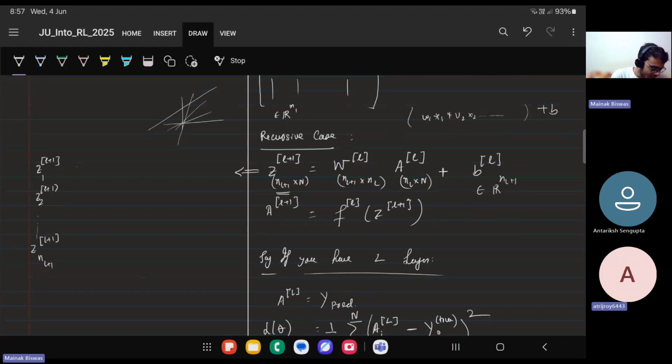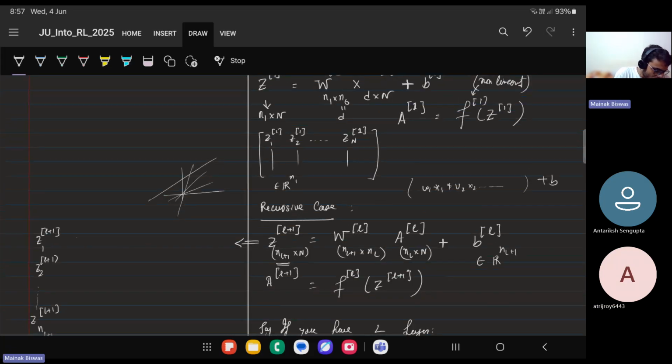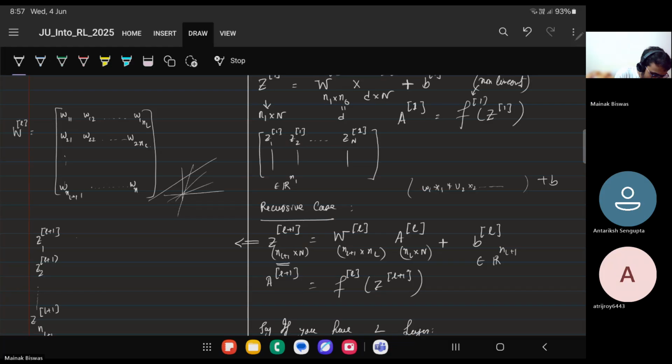See, W is a matrix of dimension N_{L+1} by N_L. If you see the matrix W, it will be W11, W12, dot dot dot, W1,N_L, for the layer L. Then W21, W22, dot dot dot, W2,N_L, all the way to W_{N_{L+1},1}, all the way to W_{N_{L+1},N_L}.